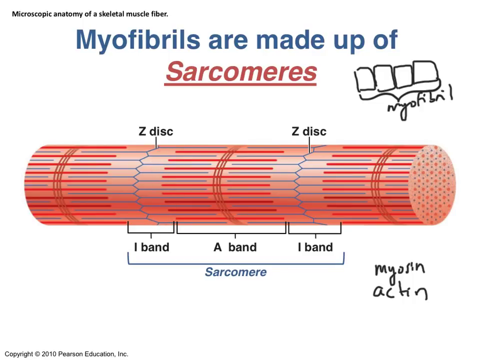Now, a sarcomere extends from basically the middle of an I band to the middle of the next I band. In the middle of the I band is a line of accessory proteins called the Z disc or the Z line. And it's the Z discs that mark the ends of each sarcomere.